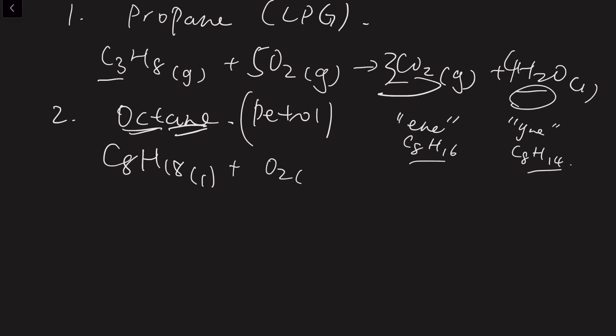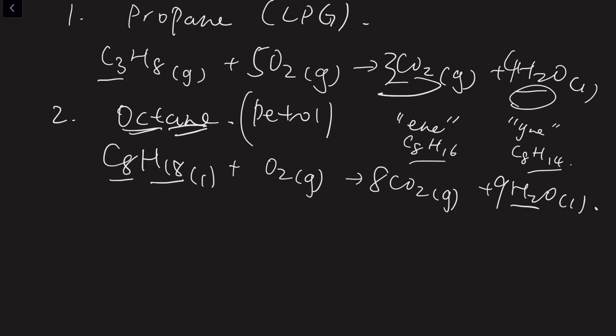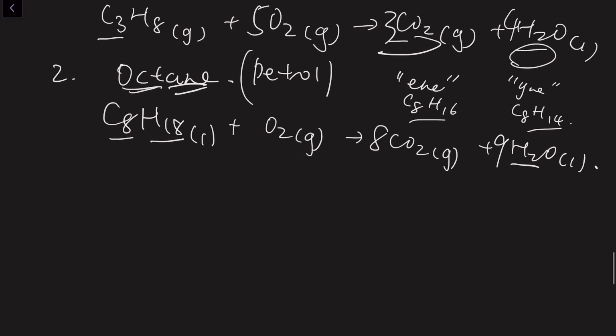Again, we combust this with oxygen, and we have CO2 and H2O. So again, we need 8 carbons here, 18 hydrogens on both sides, so 9 water here. How many oxygen do we have? We have 16 plus 9, which is 25. So we need 25 oxygen atoms.